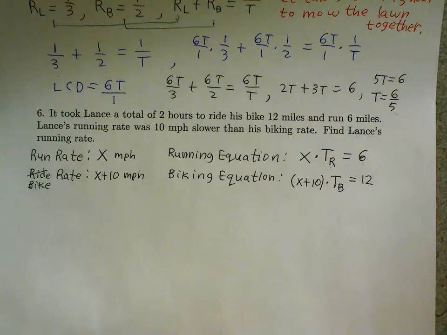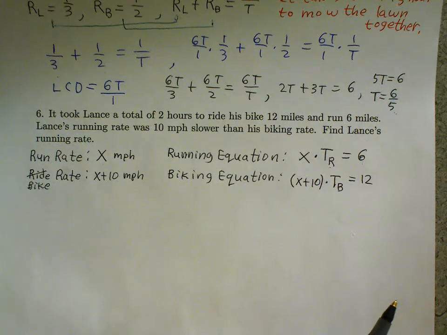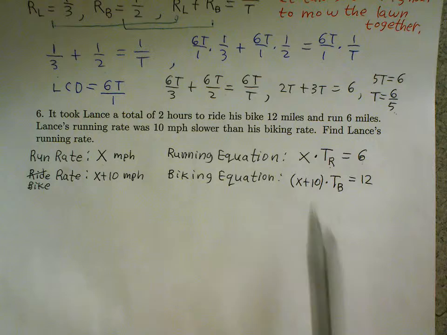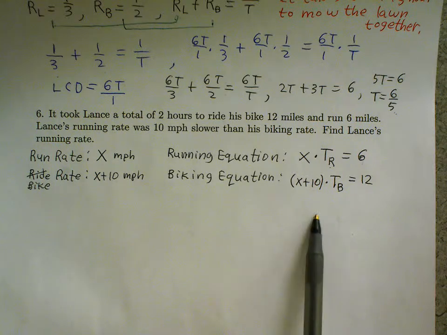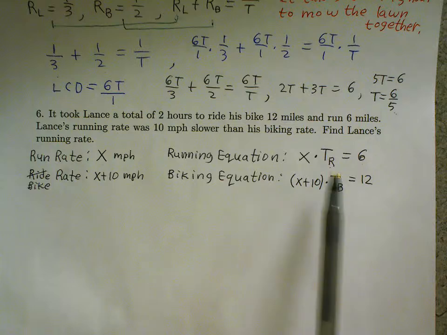So how do we do that? You add the two equations together. Well, if we added the two equations as they are written, we still wouldn't get rid of T sub r and T sub b.